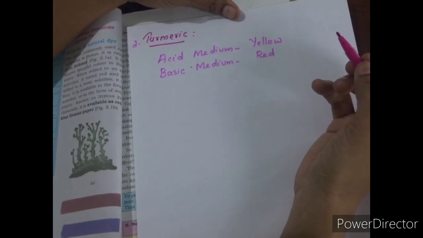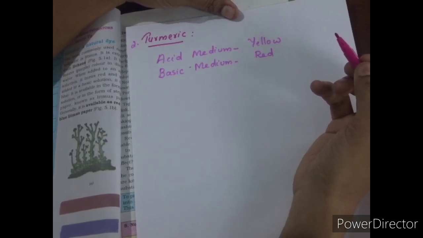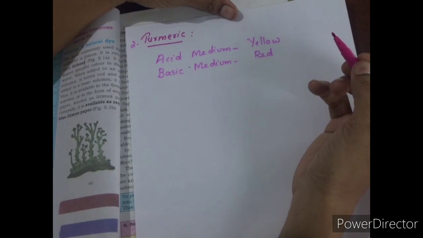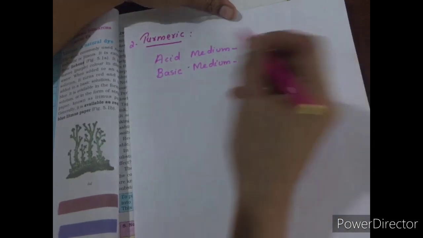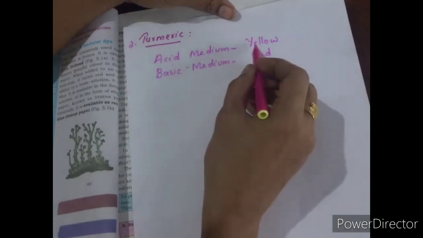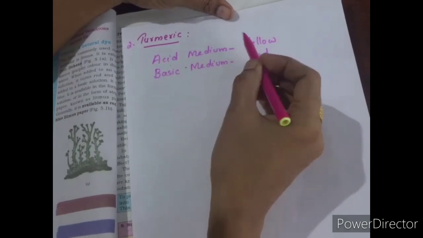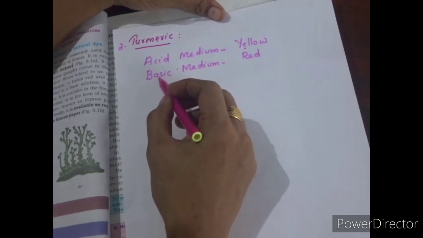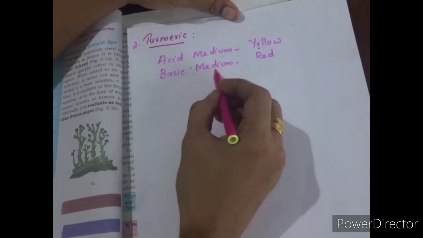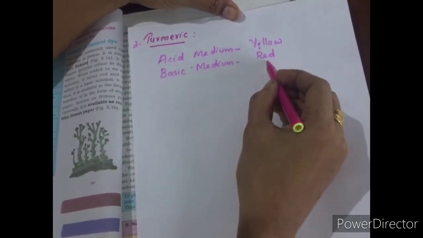Now consider the example of vinegar again. When you dip turmeric paper in vinegar, since vinegar is an acid, the color will be yellow. And when you add some soap solution into the turmeric paper, since soap is a basic solution, the color will change to red.